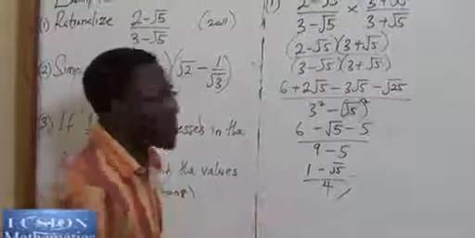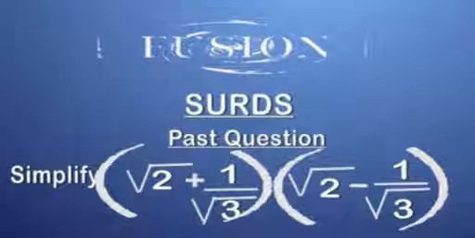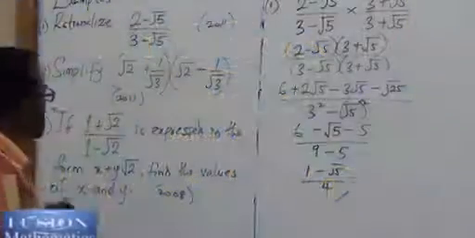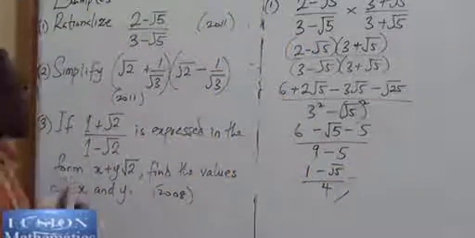Let's go over to question number 2. It says simplify (root 2 plus 1 over root 3) times (root 2 minus 1 over root 3). From the question already you can see that this is the difference of two squares.